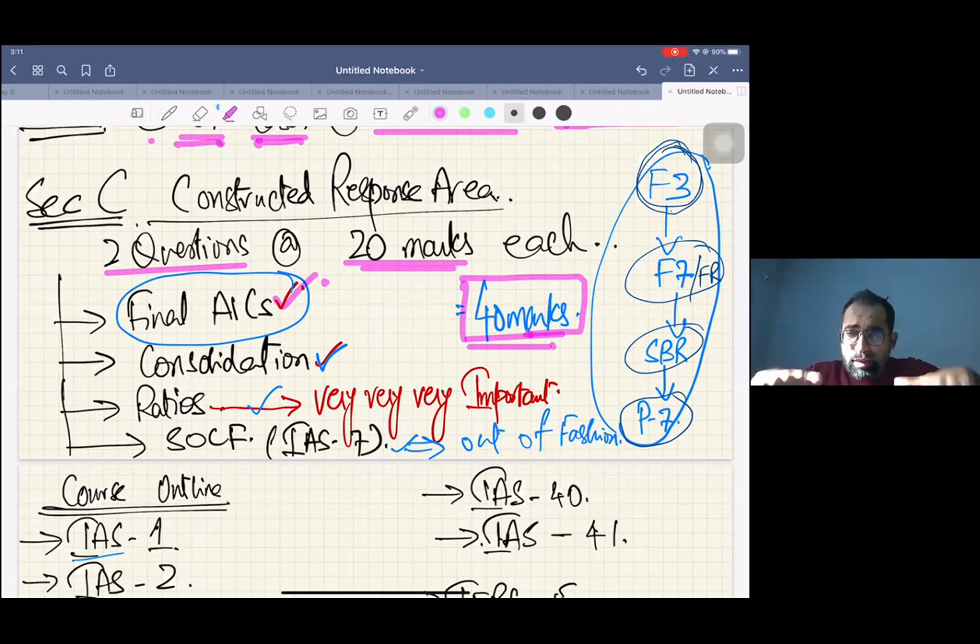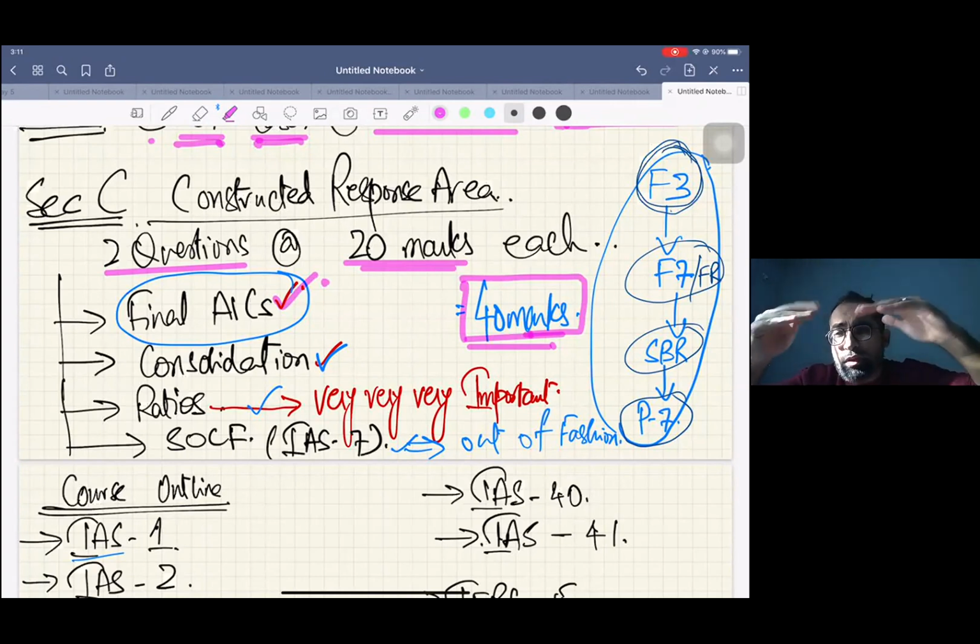But here in F7 paper, in FR paper, you will get the trial balance as well. You will get the adjustments of IAS and IFRS. Like in adjustment number 1, you may get IAS 16, adjustment number 2, IAS 37, adjustment number 3, IFRS 15. So basically in final account, you will be tested with advanced accounting standards.